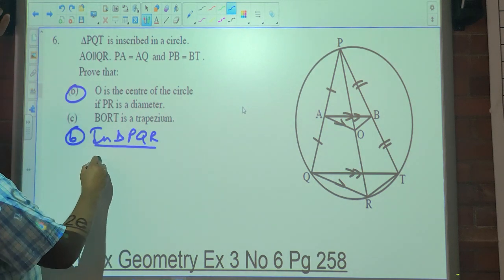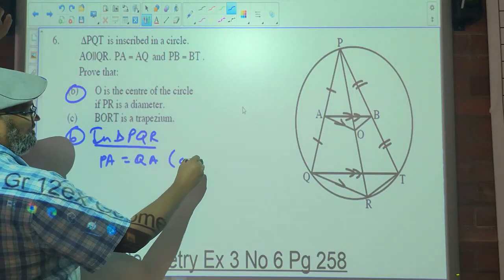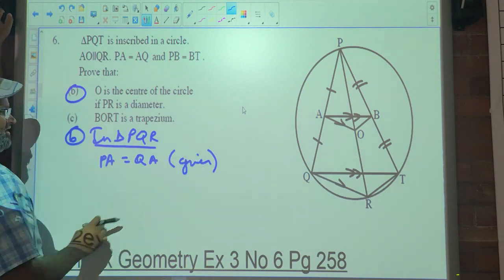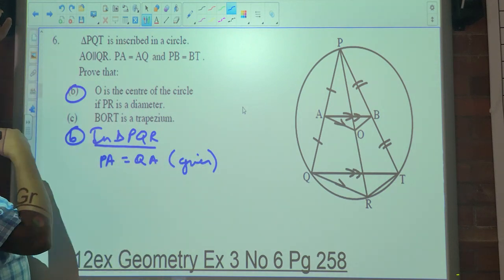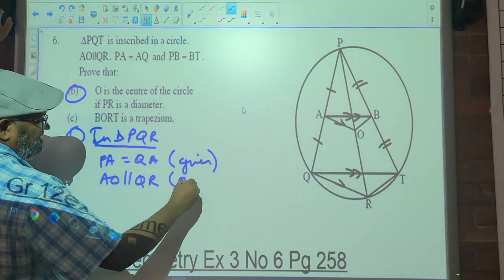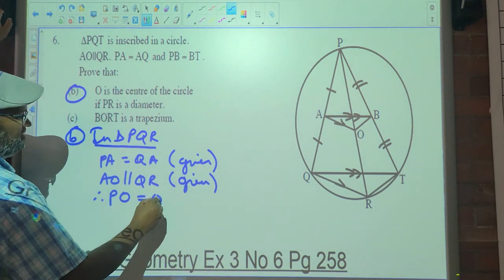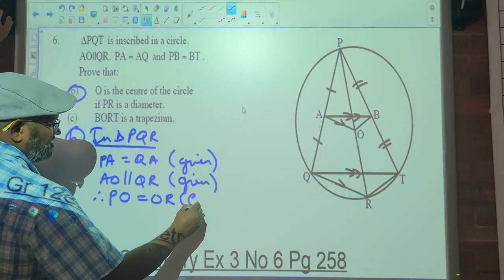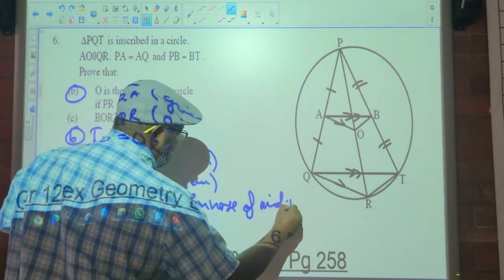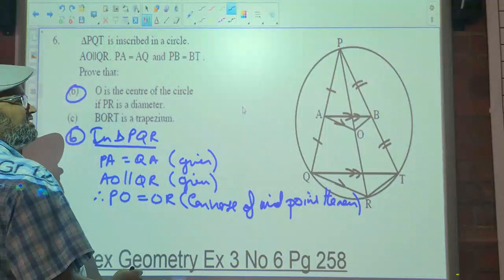So in that triangle, we know that PA is equal to QA. Why? Given or proven, it doesn't matter at this stage, because they mentioned it before. Did I have to mention it now again? No. Then AO is parallel to QR. Why? Given. Therefore, PO is equal to OR. Why? Converse of midpoint theorem.